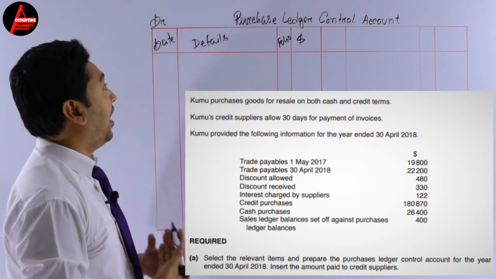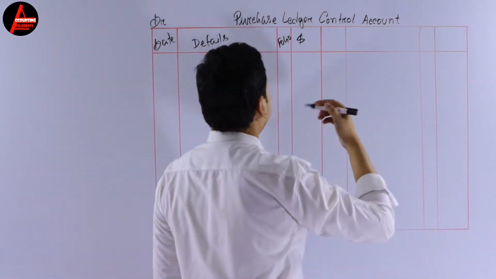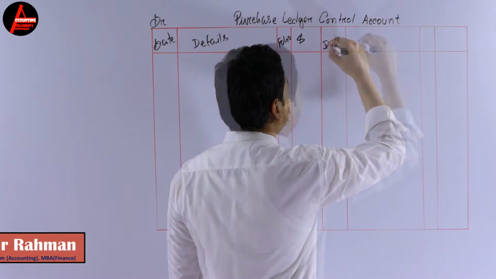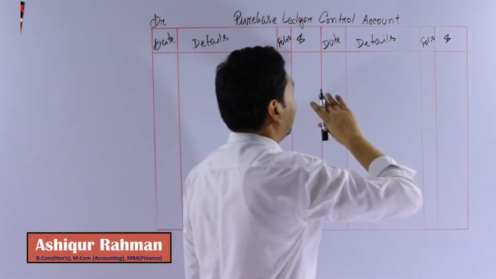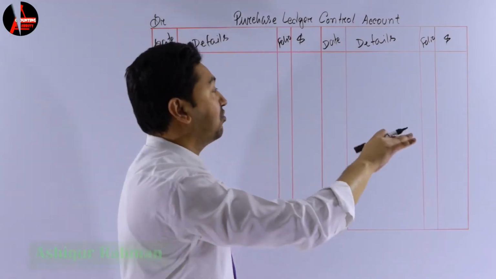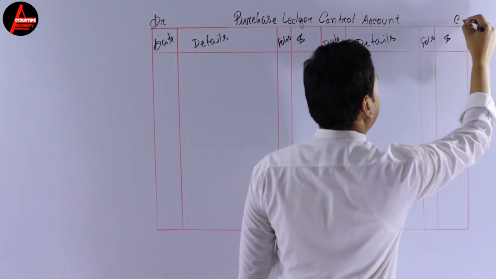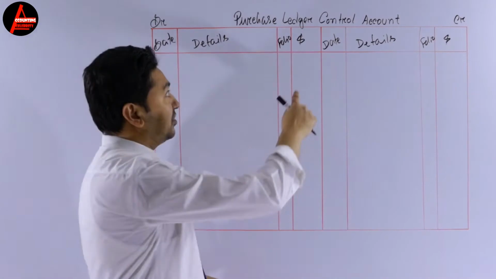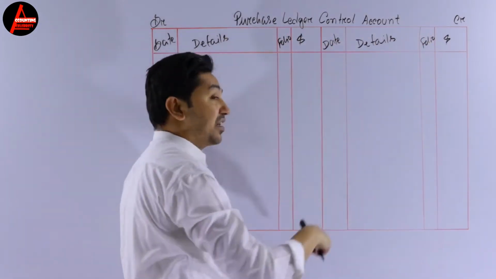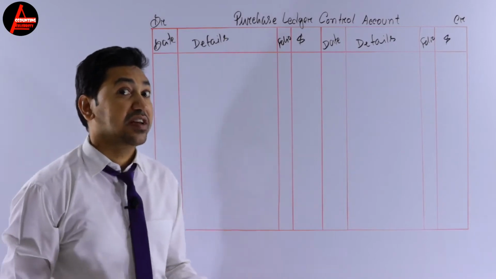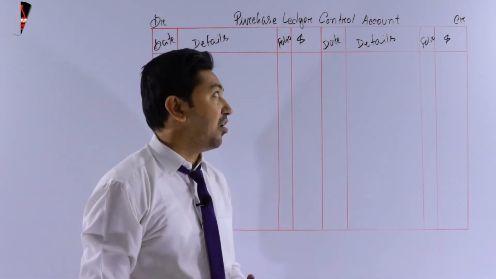And these four columns will be the date, details, folio and dollar, and this right-hand side will be called credit. So this is the central vertical line and this is the horizontal line. It looks like a T. That is why it is called a T-shaped account.